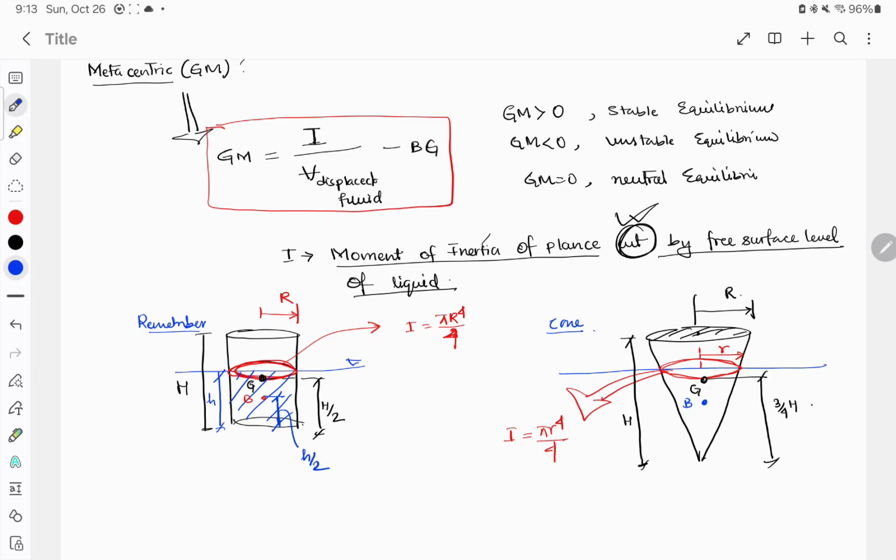If the total submergence depth is small h, then this will again be 3 by 4 of small h.